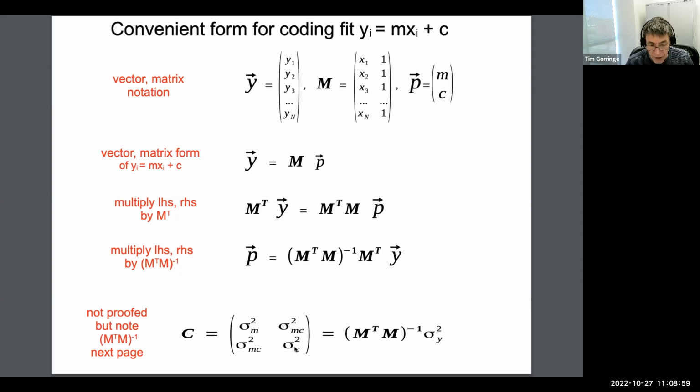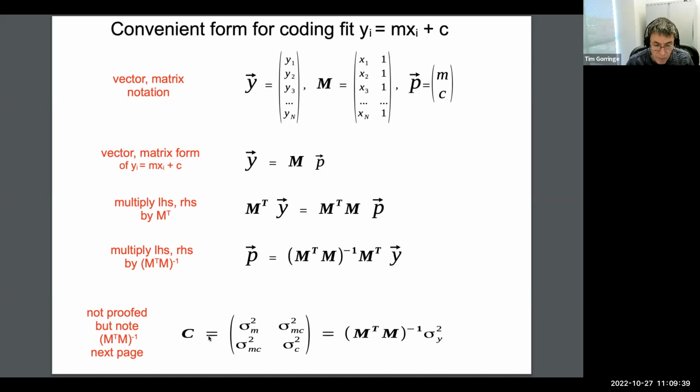And then the other diagonal, in the bottom right, that's the variance, the square of the standard deviation, for the offset parameter, and so that's going to tell us the uncertainty in the offset. The off diagonals here have a symmetry. They're equal. So this off diagonal upstairs on the right is going to be the same as this off diagonal downstairs on the left, and they are the covariances between those two parameters, between M and C.